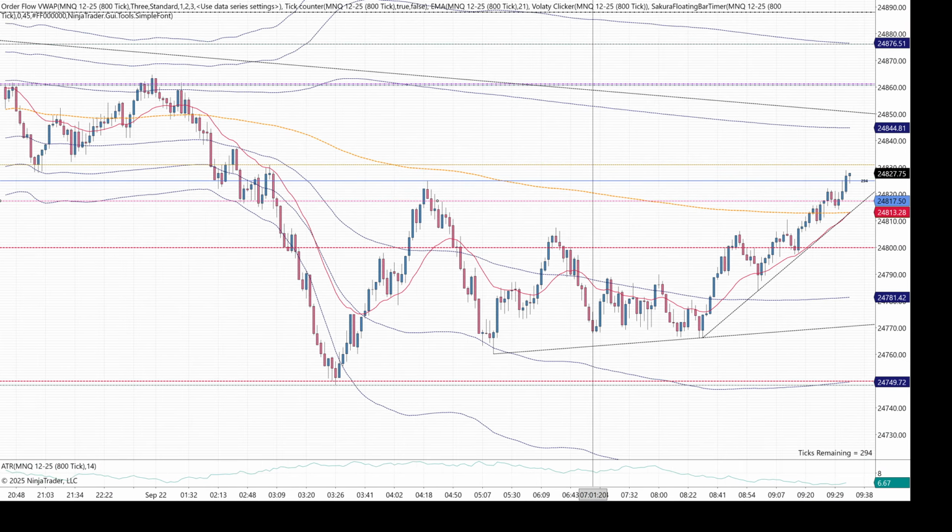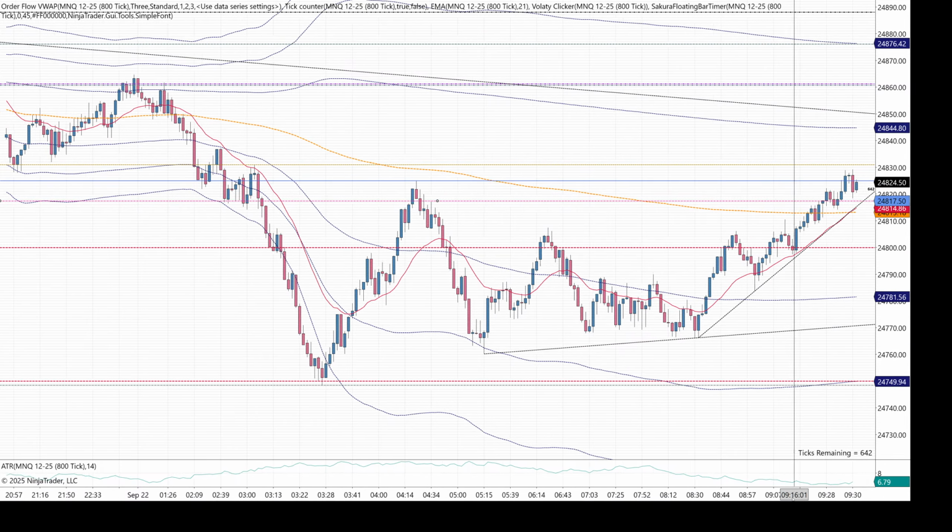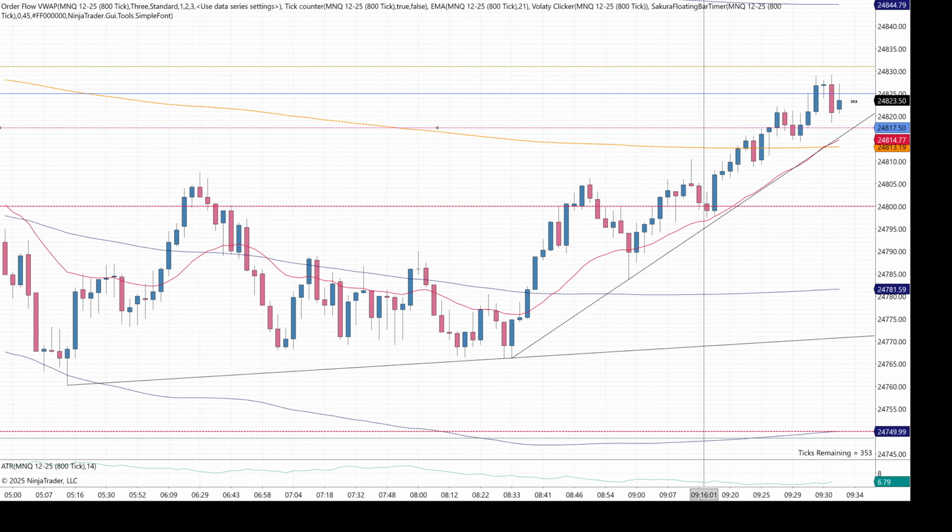We might be retesting this high right here from overnight, the London session. We also might be going all the way up here to fill the gap. We'll see what the market wants to do.